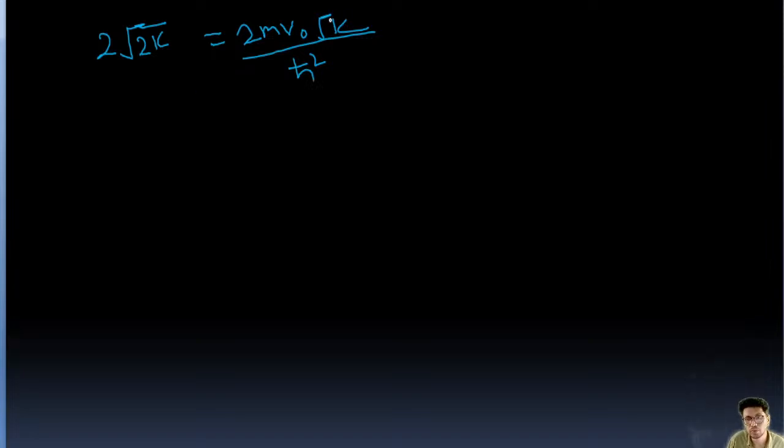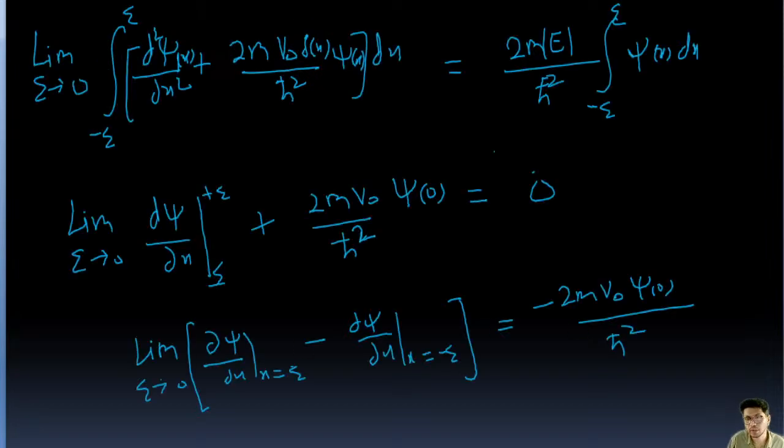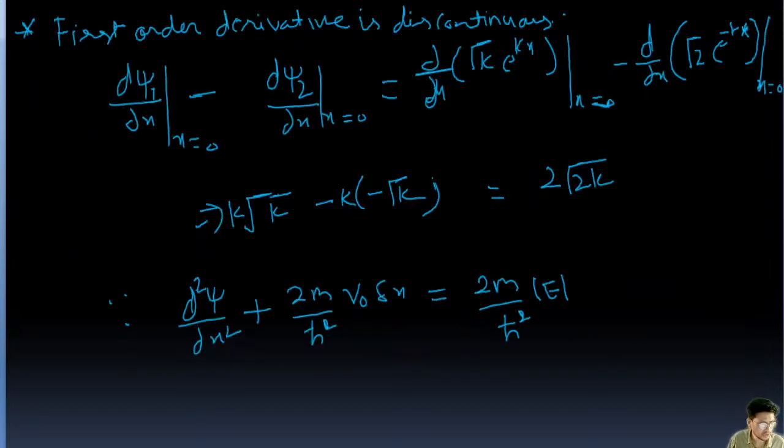So root k will get cancelled, 2 will get cancelled. So we'll square both sides. So this is going to be 2 root 2k. Just check.